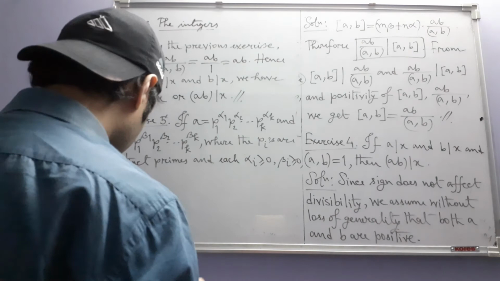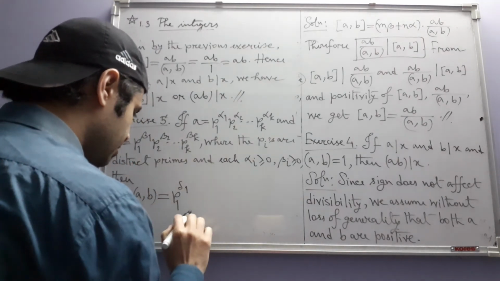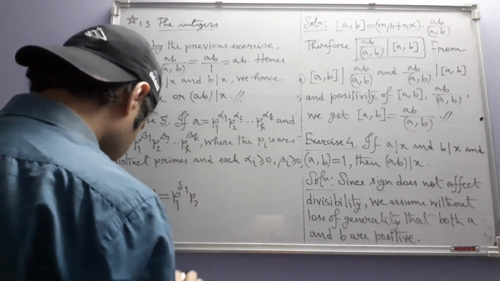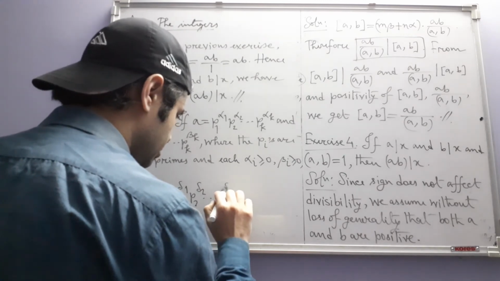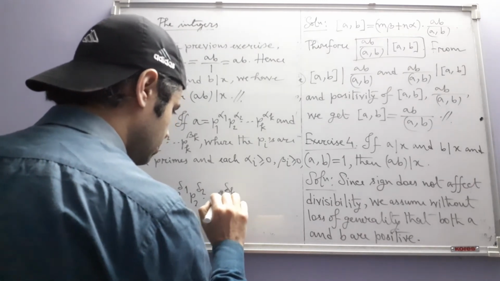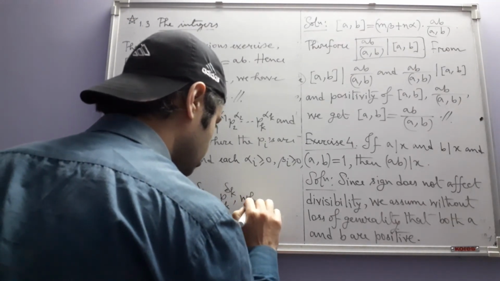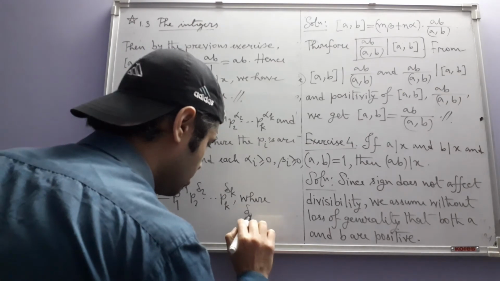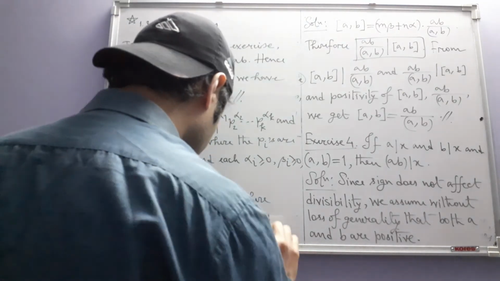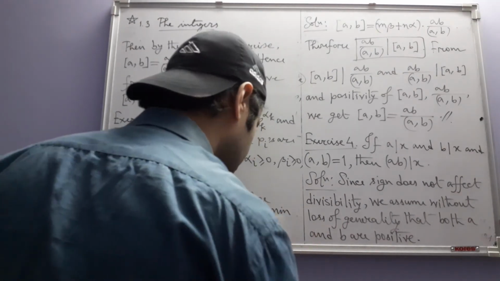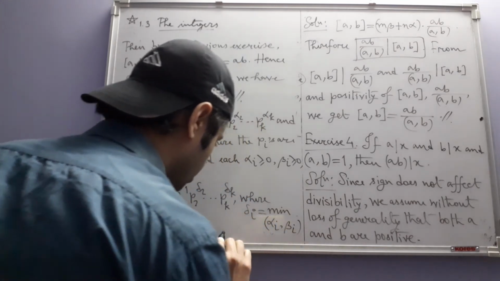The GCD is equal to p1 to the power delta 1, p2 to the power delta 2, etc., up to pk to the power delta k, where delta i is the minimum of alpha i and beta i for all i.